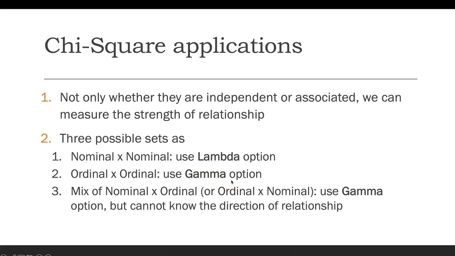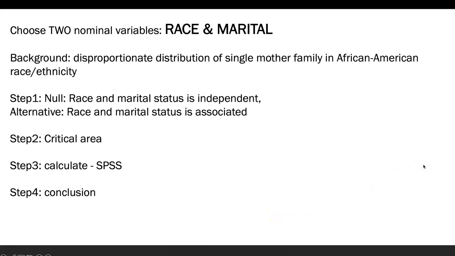Unlike Shepard and Tukey, based on the level of measurement, you use a different set of options. For a mixture of nominal and ordinal variables, you need to use lambda instead of gamma, and you cannot find any direction of the relationship. That is also a key part of interpreting the chi-square analysis.